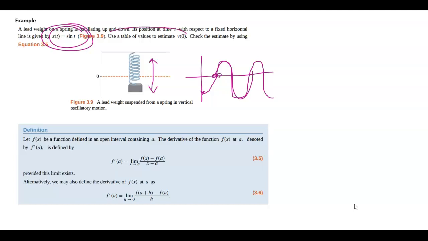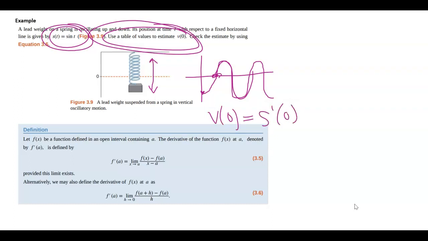Now, if I wanted to estimate V of 0, that is the same as saying the derivative at 0. So let's use a table of values. Let's use from pi over 2, what would be the velocity.